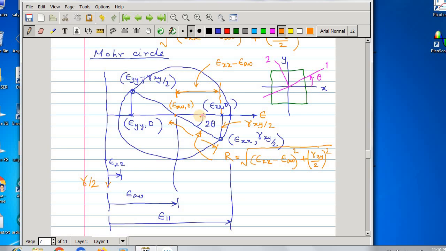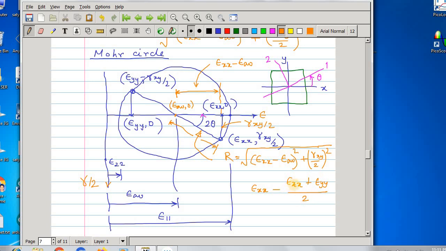Okay, and now just notice how much is this? This is gamma xy by 2, and how much is this? This is epsilon xx minus epsilon average. So what is this length? This is epsilon xx minus epsilon average whole square. What is epsilon xx minus epsilon average? Epsilon xx minus epsilon average, that is epsilon xx minus epsilon xx plus epsilon yy by 2.